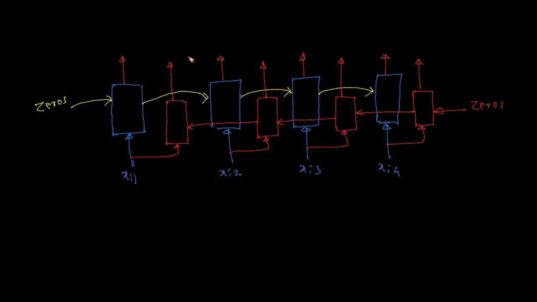Now let's talk about the output. Using a different color, I'm concatenating these two, a concatenation operation, and I get yi1 hat.